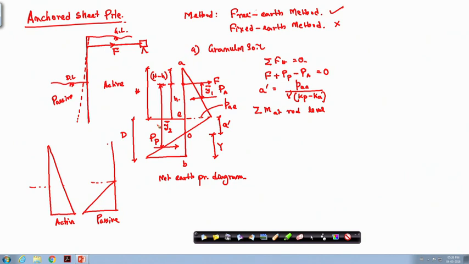Okay. So, the lever arm of P A is Y 1 bar from the F, that will be equal to the P P, and lever arm is Y 2 bar.